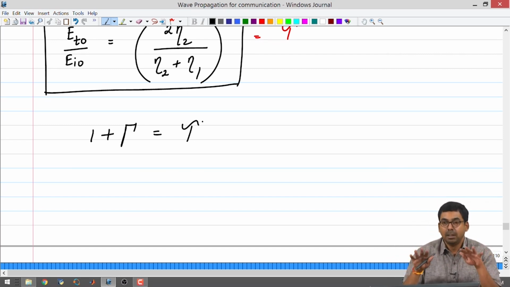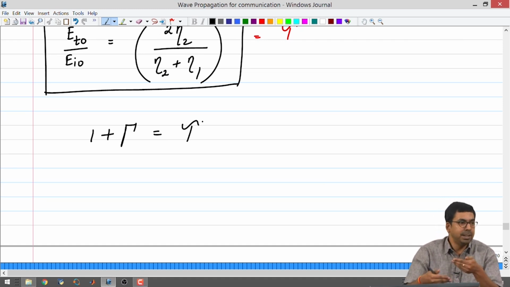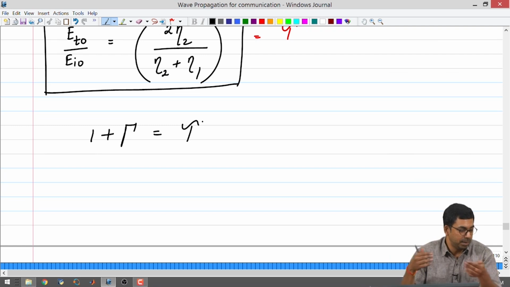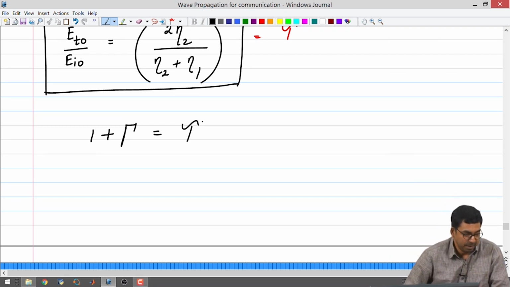So, if you get a solution where your transmitted electric field is higher than the incident electric field, you need not panic, it could be a valid solution. It may need some verification of whether the magnetic field is decreasing by the same amount, but it is possible. This is something you have to keep in mind.